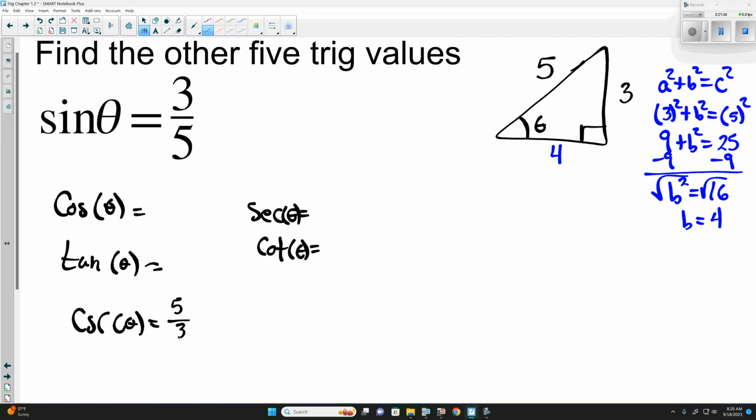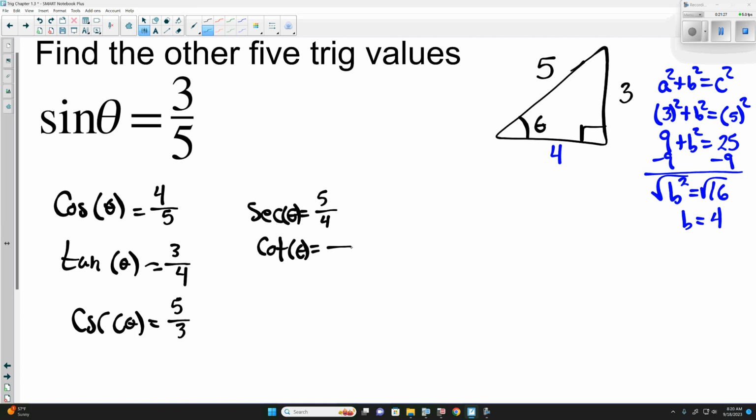Now we can go about finding the rest from here, because cosine is adjacent over the hypotenuse, so 4/5. Tangent is opposite over adjacent, so 3/4. Secant is hypotenuse over adjacent, or the flip of cosine, so this would be 5/4.